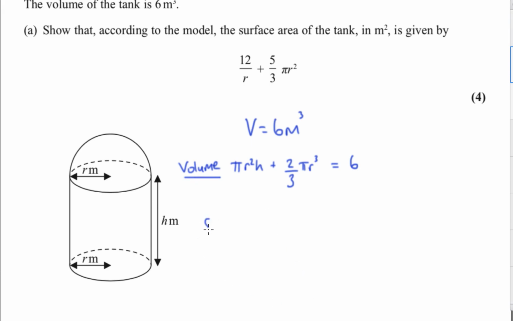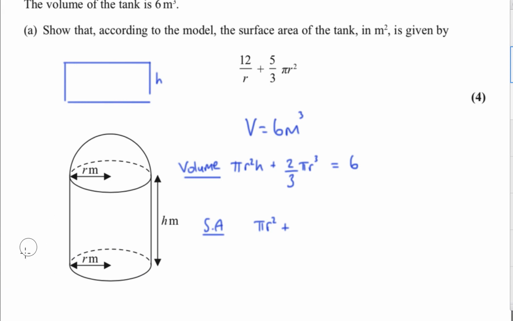The surface area is going to be the circle at the bottom, so pi r squared, plus the surface area of the curved part of the cylinder. Now the curved part of a cylinder is a rectangle with a height of h and a length of the circumference of the circle, this length here.